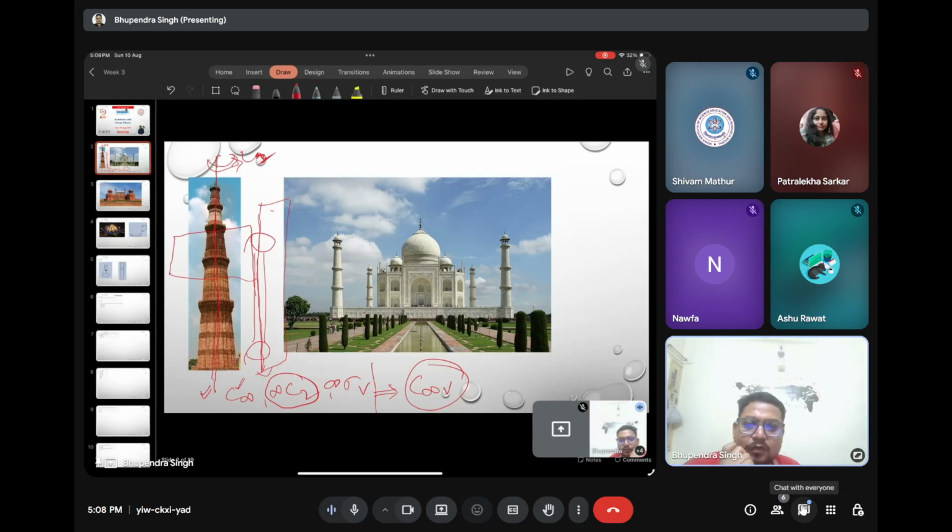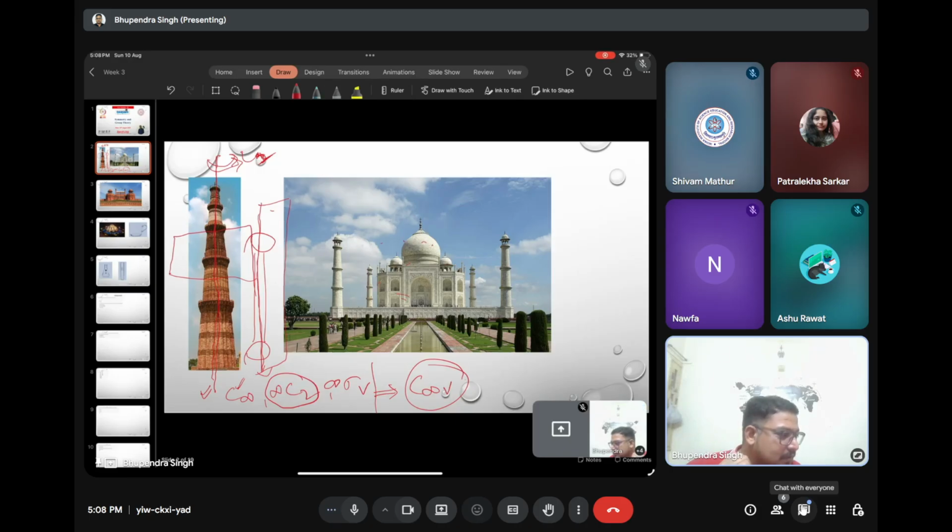is the same from all the four sides. The architecture of the Taj Mahal is the same from all the four sides. So whatever you are saying is from the front.